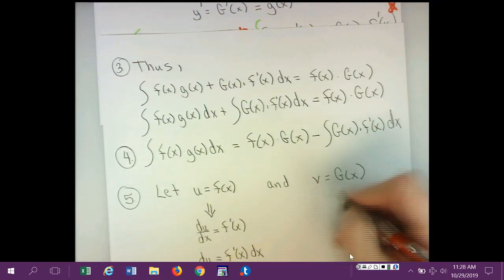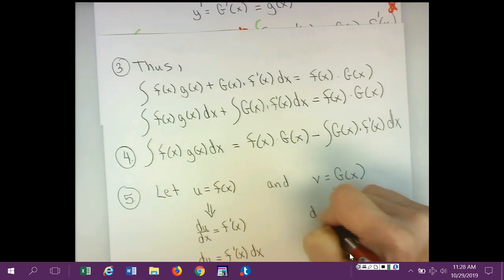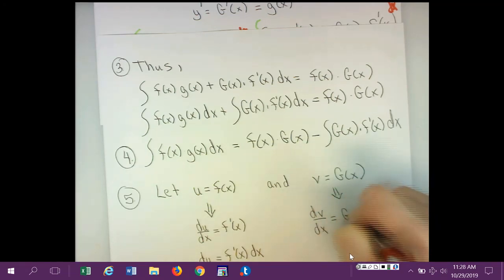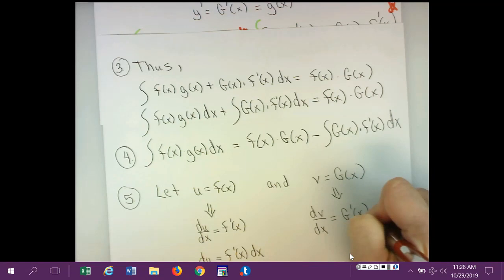With this side, if I take the derivative of little v with respect to x, I get capital G prime of x. And if I cross multiply, dv is capital G prime of x dx.